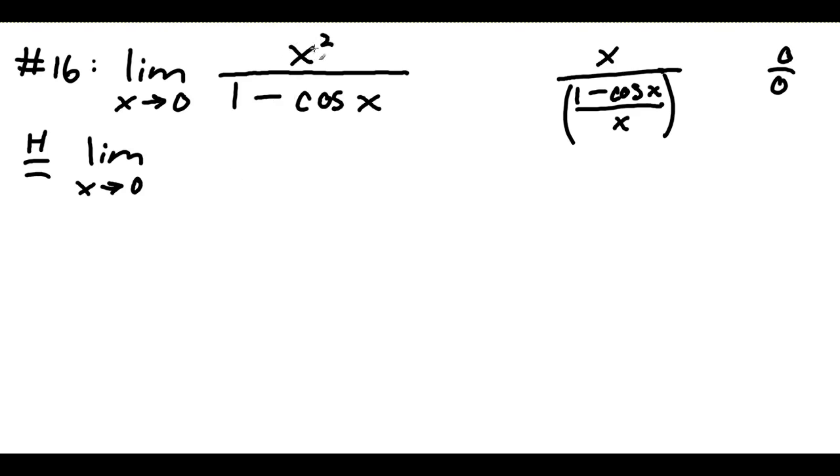And remember that to do that, we will take the derivative of the numerator. In this case, it's 2x. And we'll take the derivative of the denominator. The derivative of 1 is 0. Derivative of cosine is a negative sign. So we have negative negative sine, that is a positive sine. And we have sine x there.